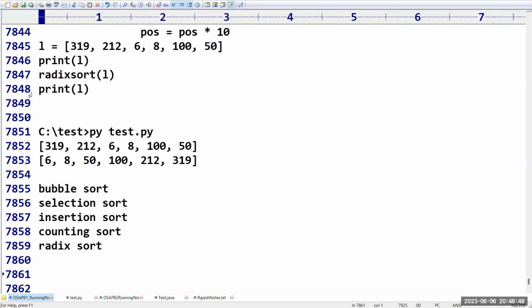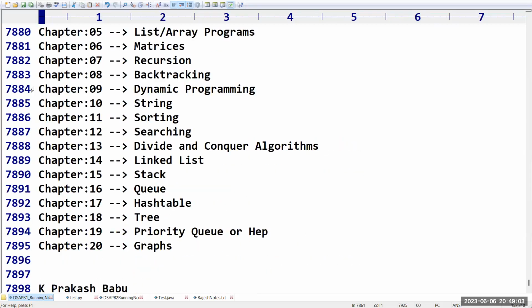So with this, I will give you some assignment in tomorrow's session, some 5 programs you try to implement. I will give problems based on sorting in tomorrow's session. With that, these sorting techniques are going to be finished.